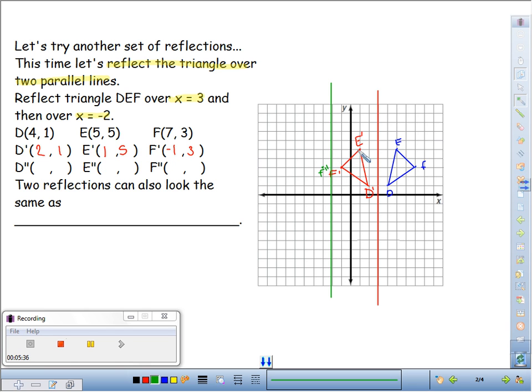E is 1, 2, 3, 1, 2, 3. And D is 1, 2, 3, 4, 1, 2, 3, 4. Let's connect those points.